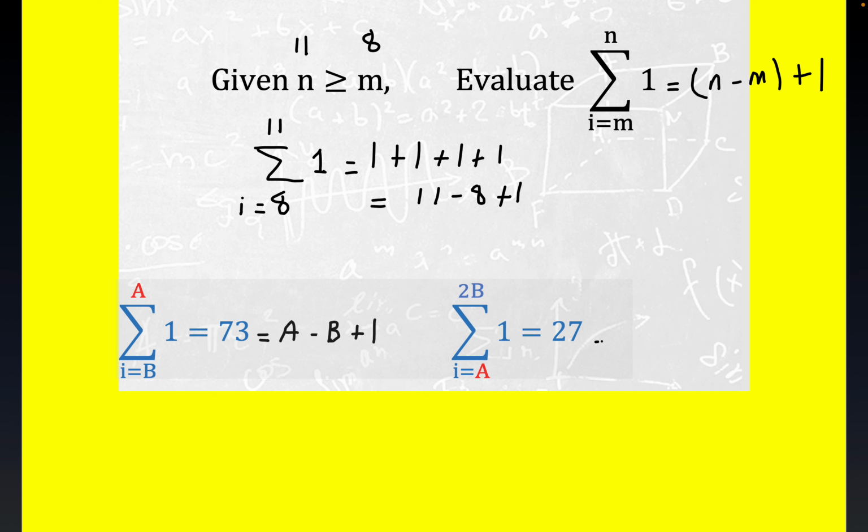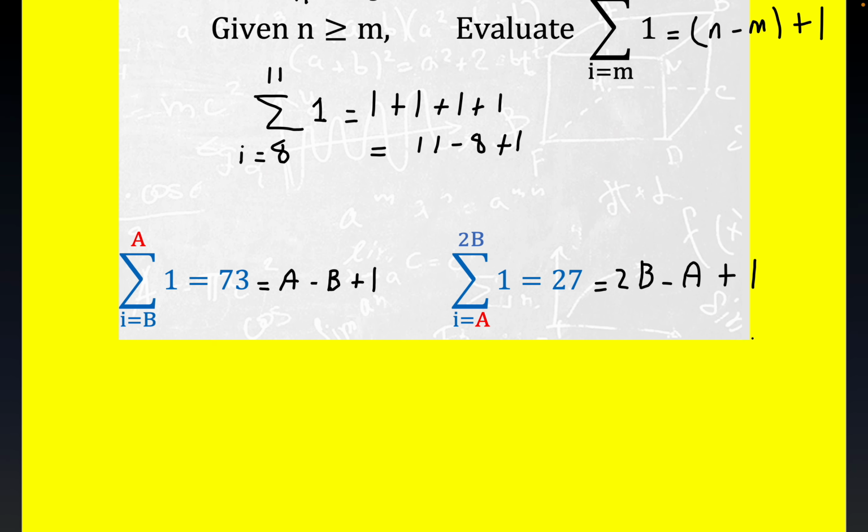Now right here, this is equal to 2b minus a plus 1. I'll come right underneath here. Notice the 1 will come to the other side, and this 1 will come to the other side.